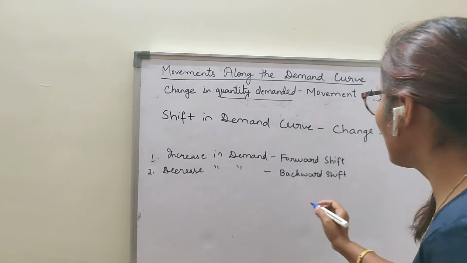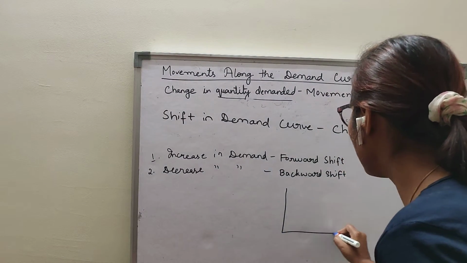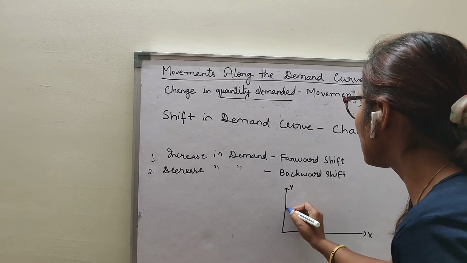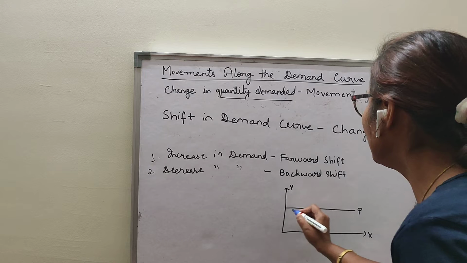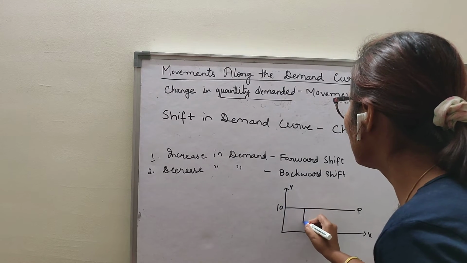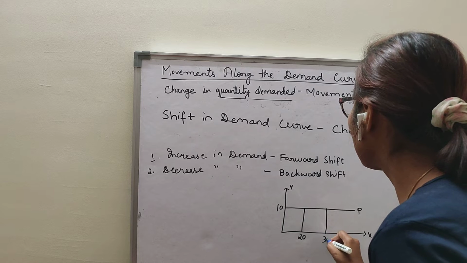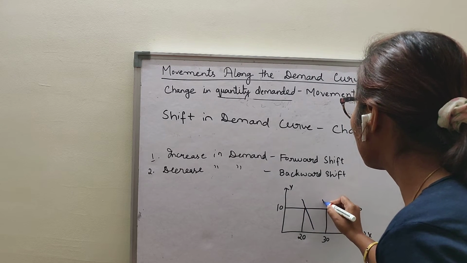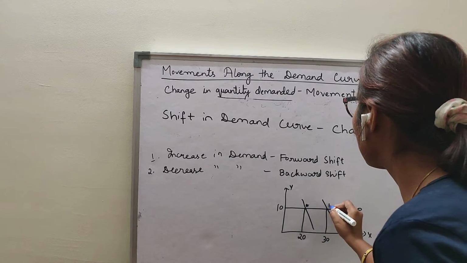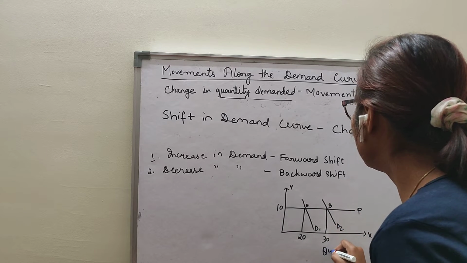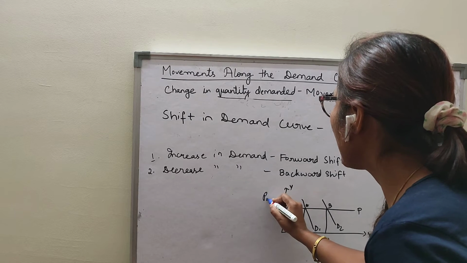Now let us understand more precisely with the help of a diagram. So this is the x-axis, this is the y-axis. Here is the price, which is constant at rupees 10. Consumer demanded 20 units. Now see, this is the quantity demanded and this is the price.